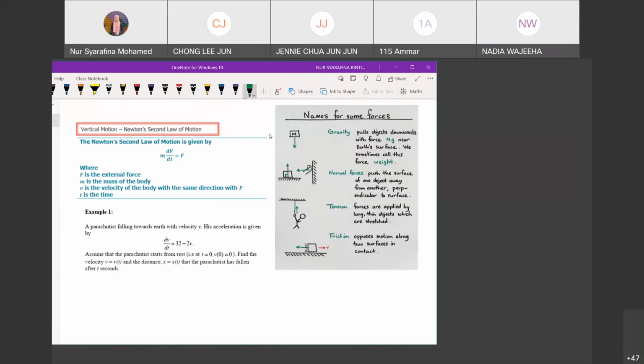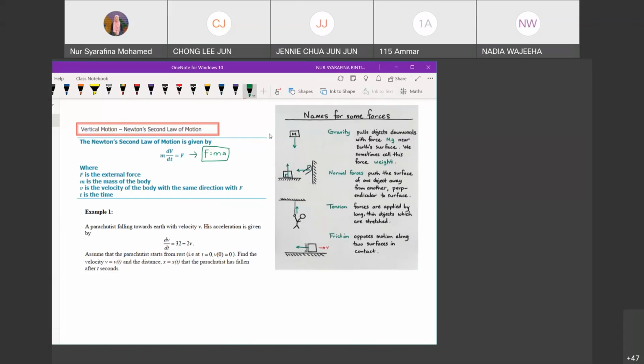Acceleration. Acceleration, right? That's why you have F equals ma. You use this in your physics. Force equals mass times acceleration. So Newton's second law of motion comes from m dv/dt equals F.